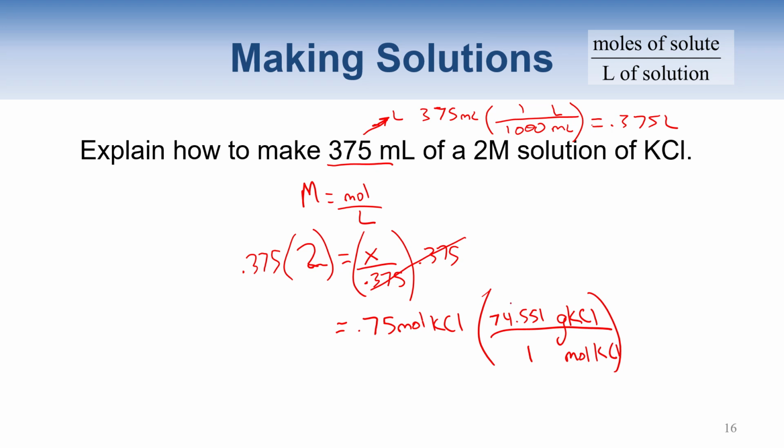So we're going to multiply across the top and divide away the bottom. 55.9 grams. So what we would do is we would put 55.9 grams of KCl in a flask, and then we would pour in solvent until we got to 375 mL.